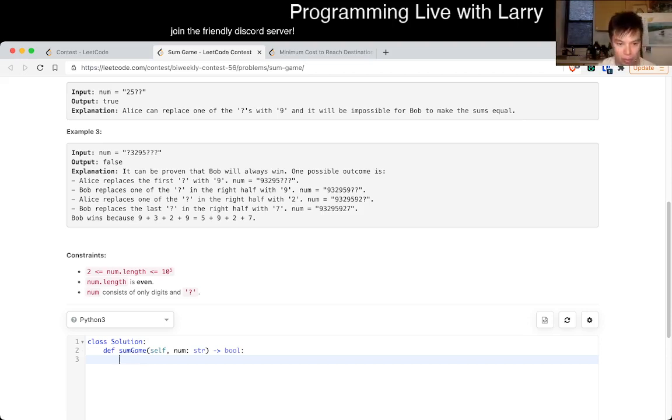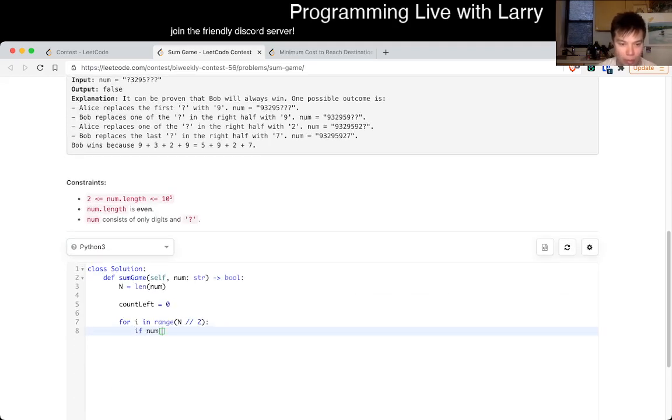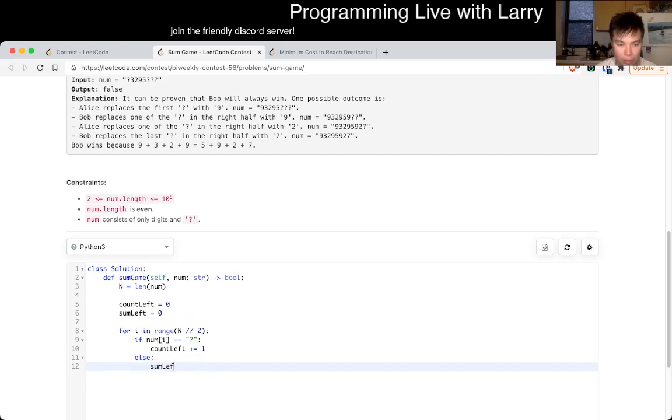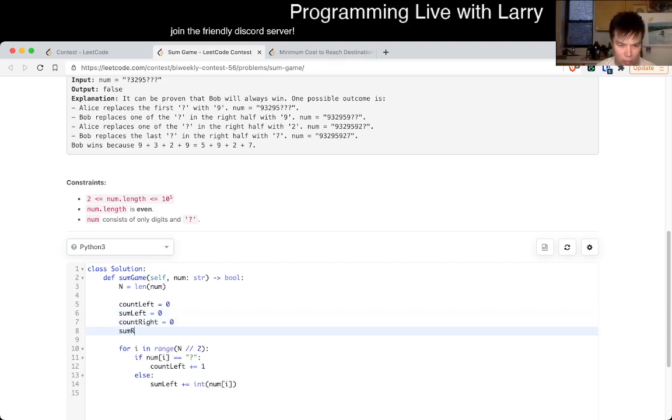Okay. I was thinking about writing a helper function, but it's fine.